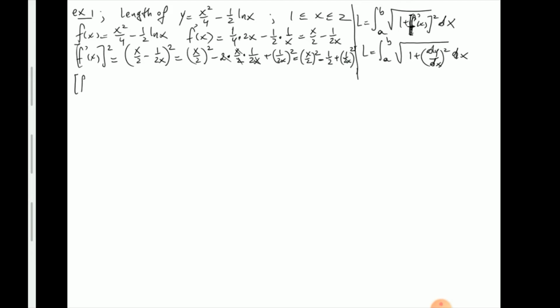So at this point, let's add 1, the 1 from the formula. And notice that 1 can be combined with the existing minus 1/2. So the first 3 terms are f prime squared. Then you add 1. And when you combine these, it becomes x over 2 squared plus 1 over 2 plus 1 over 2x squared.